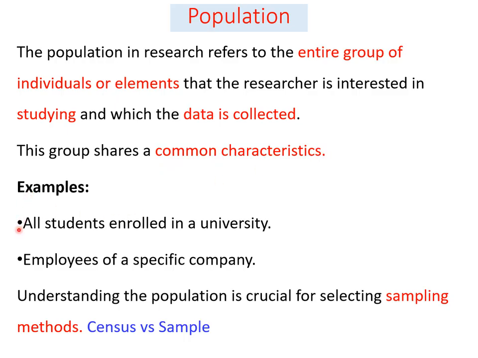For example, if we want to conduct a study to assess the service quality of a university, all students enrolled in that particular university become our population. This student population shares some common characteristics because they are learning together and getting service from that same university.